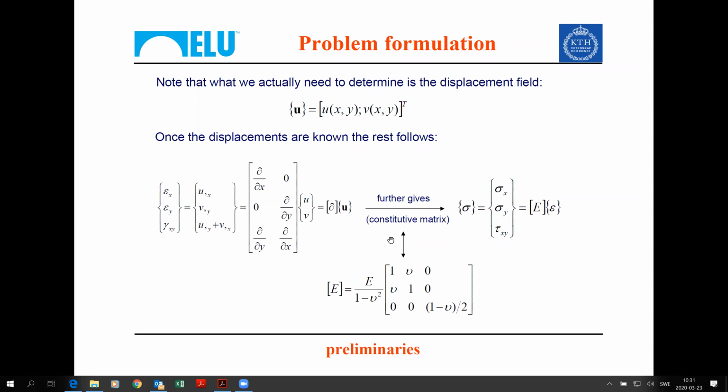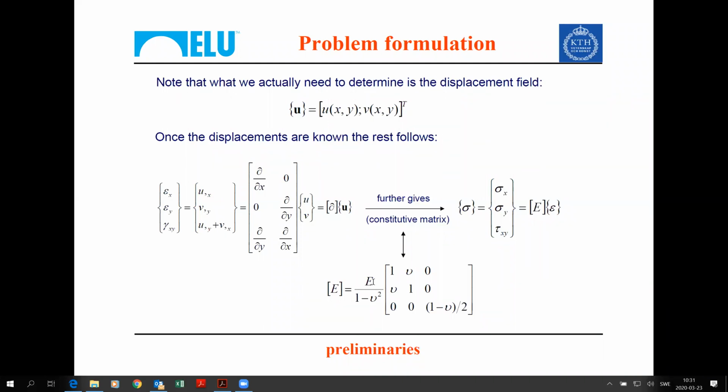Once we have epsilon, then of course, using the constitutive matrix for plane stress problems, which is shown here, we can get the stresses. So sigma x, sigma y, tau xy equals E, this matrix here, times epsilon x, epsilon y, gamma xy.